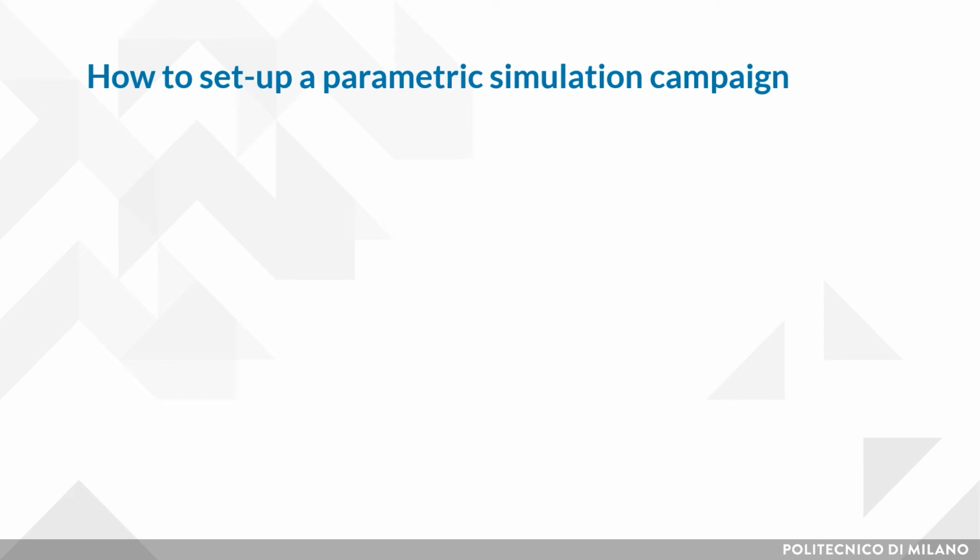So, how to set up a parametric simulation campaign in the specific case of deep renovation? As a first step, we need to define the design objective. So, which are the performance parameters that we want to assess?